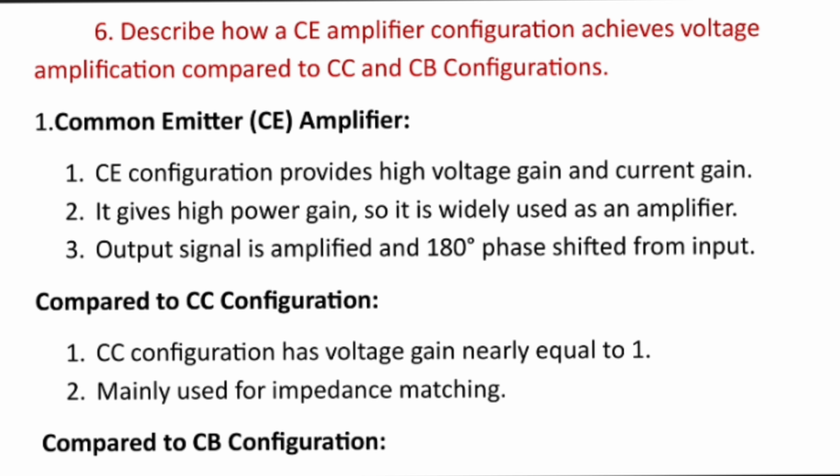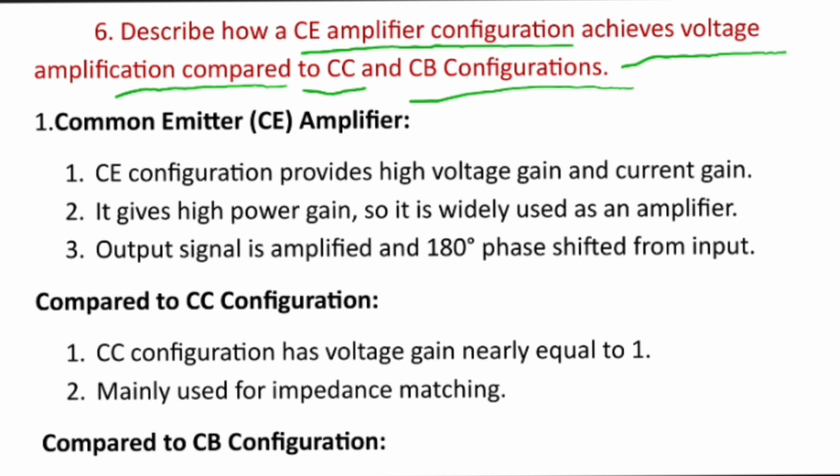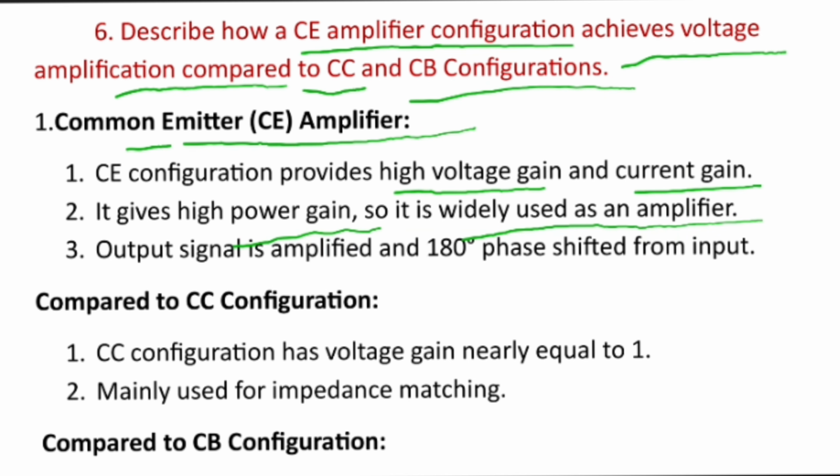Next, describe how the CE amplifier configuration achieves voltage amplification compared to CC and CB configurations. The CE, common emitter, amplifier provides high voltage gain and current gain. It gives a high power gain, so it is widely used for amplifiers. The output signal is amplified with a 180-degree phase shift from the input.